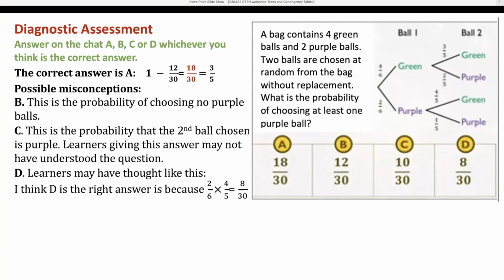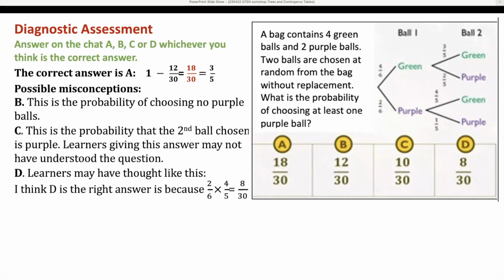Now here, look at the question. There's information there, a bag containing 4 green balls and 2 purple balls. So 2 balls are chosen at random from the bag without replacement. Now what that means is that there are only 5 balls in the bag after you've taken 1 out. So the probability changes.